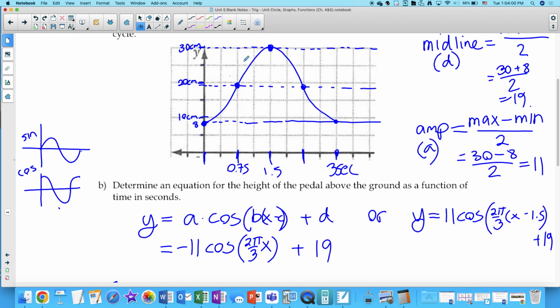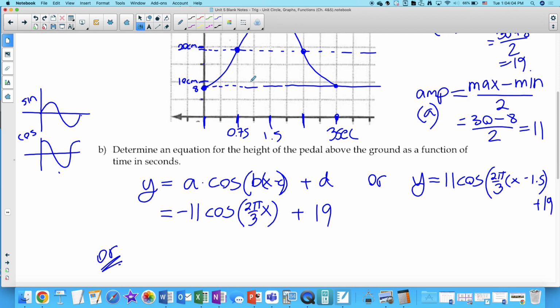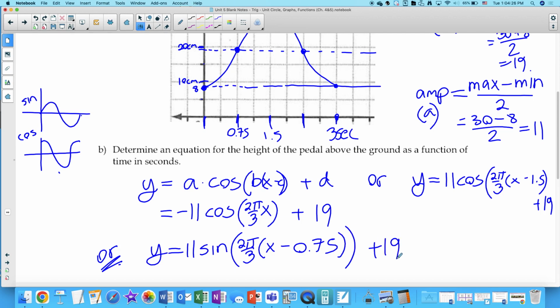So I could make this y equals 11 sine of 2 pi over 3 times x minus c, where I'm moving 0.75 seconds to the right to get to the start of the sine function, and then plus 19. Any of these would be fine.